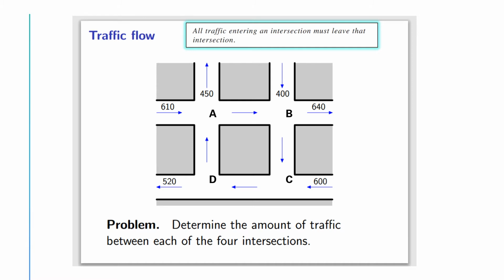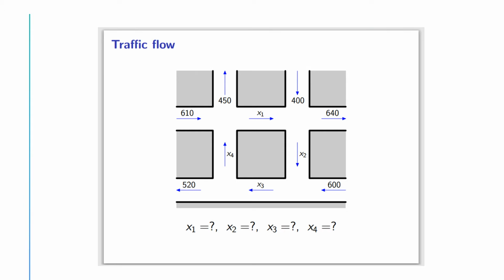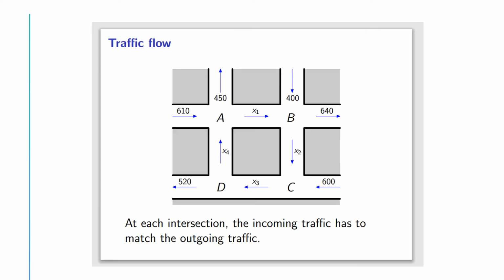The problem here is that we are trying to find the amount of traffic between each of these four intersections. If we take those unknowns as x1, x2, x3 and x4, we would like to know what these values are. At each intersection, the incoming traffic has to be equal to the outgoing traffic.